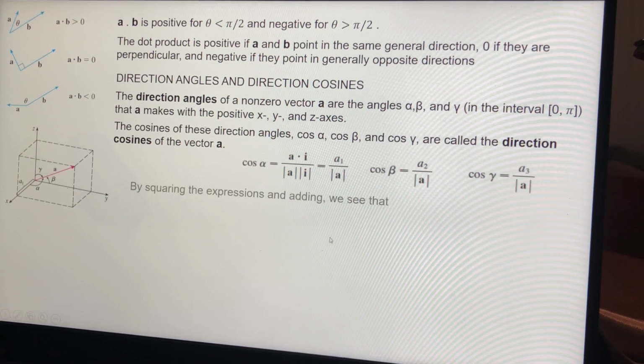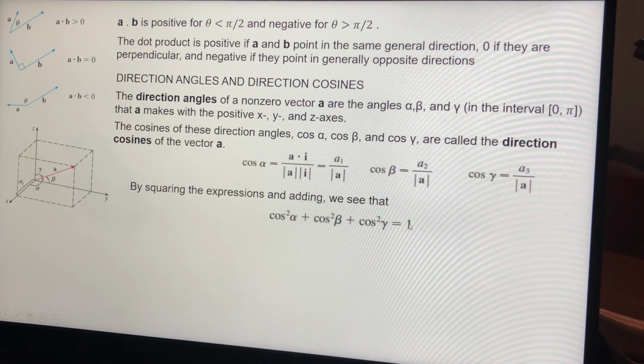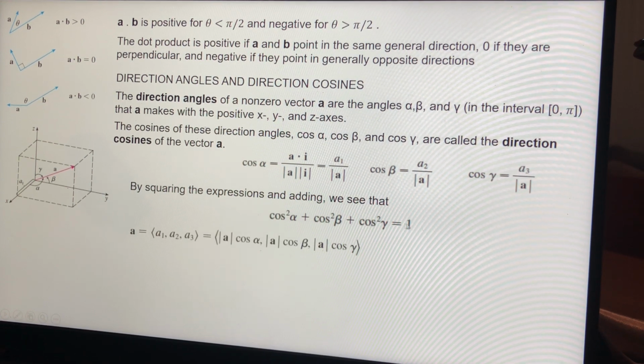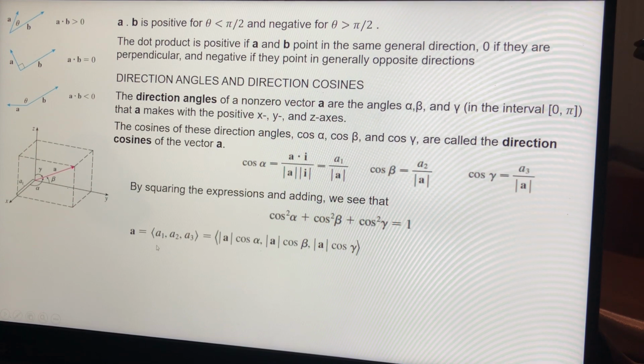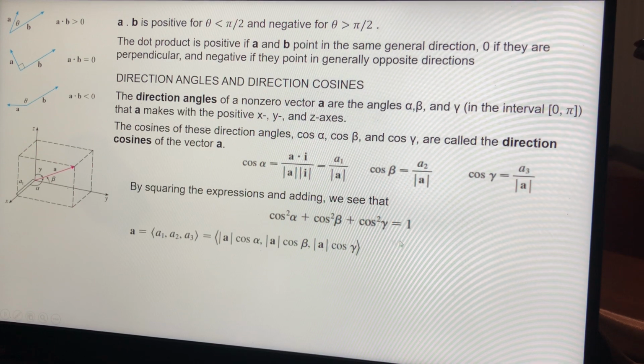And you know the trigonometric identity, the sum of the squares of all these cosines is going to be 1. And if you apply that in here, A is (A1, A2, A3), and A1 from there is length of A cosine alpha, A2 is A cosine beta, A3 is A cosine gamma.